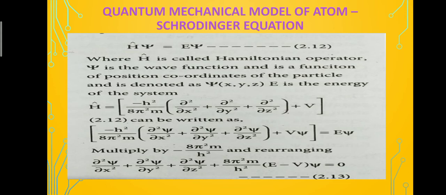And by solving this equation, we can get certain values for E, that is the total energy. And from that we can find out that the energy of a system is quantized, and the permitted total energy values are called eigen values, and the corresponding wave function represents the atomic orbital.